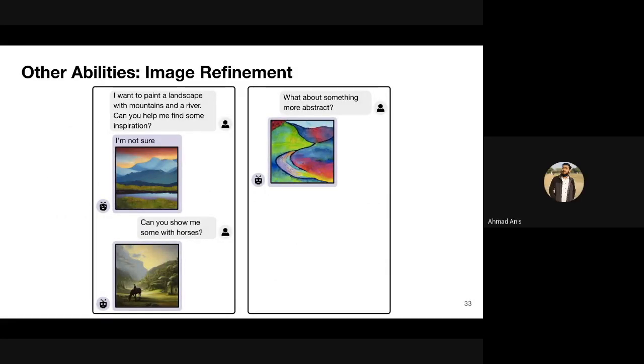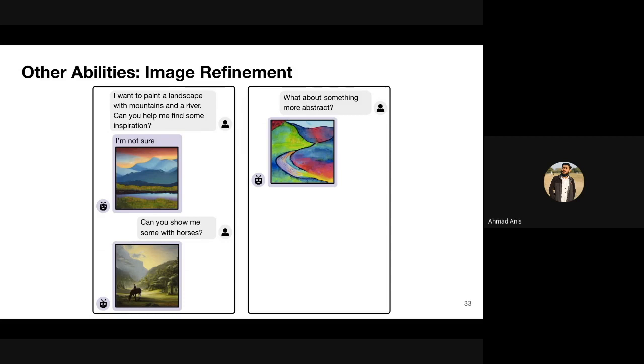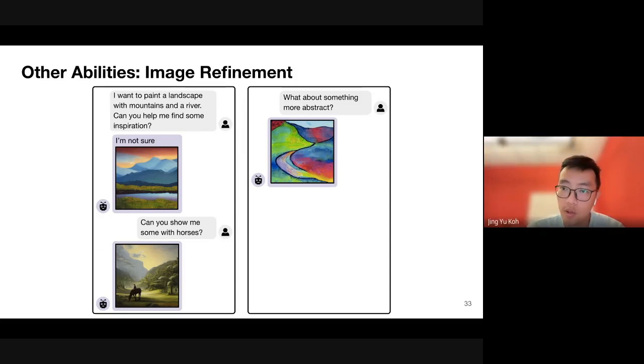So do you have this kind of dataset in your training data, or is it like an emergent capability? And secondly, was it trained in an instruct format? So we don't have this data. We only fine-tune on Conceptual Captions, which are images and captions. So you can think of it as emergent in some ways.